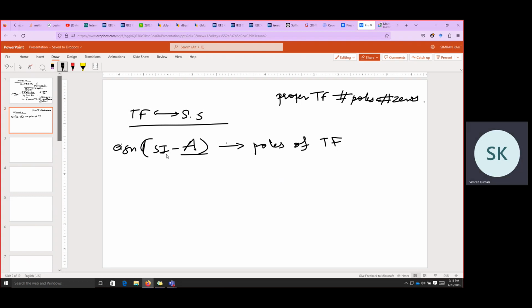Now that means if the eigenvalues of this A matrix are negative, then the poles of the transfer function are in the left half plane, and we say that this system is a stable one, and we say this is a Hurwitz matrix. A matrix is a Hurwitz matrix. So that was about the stability.